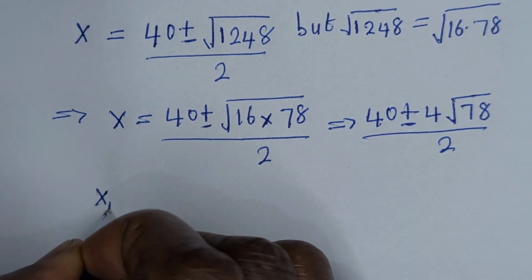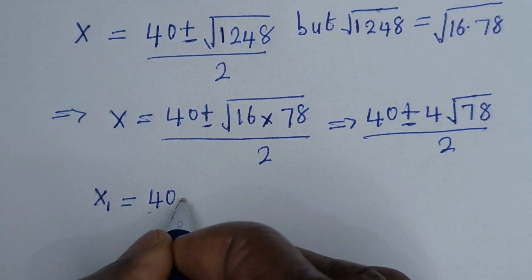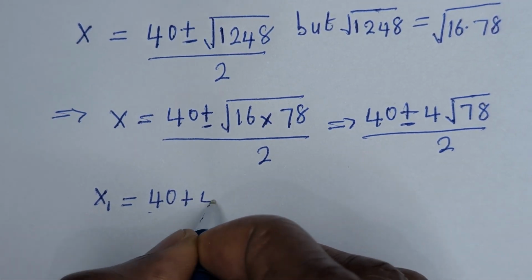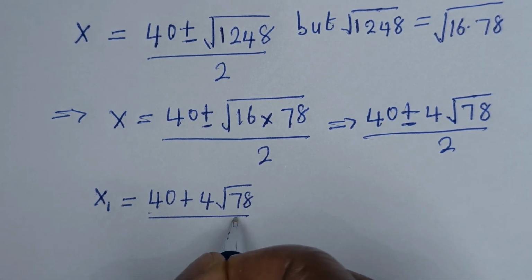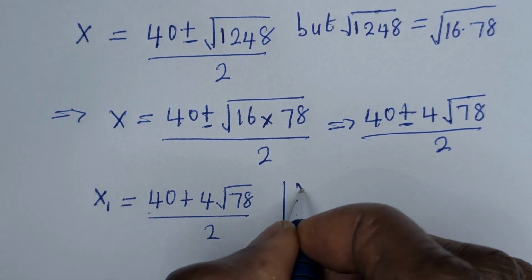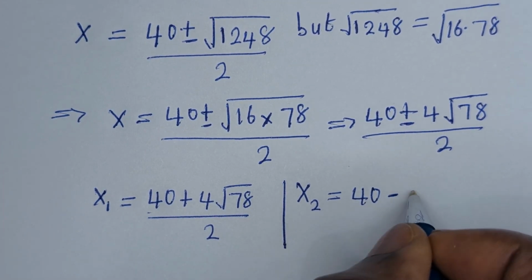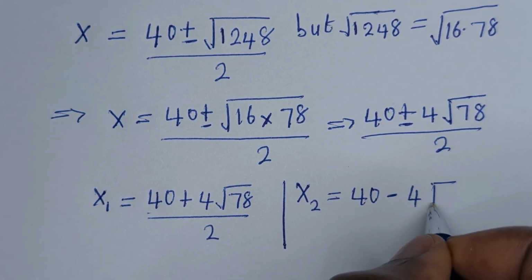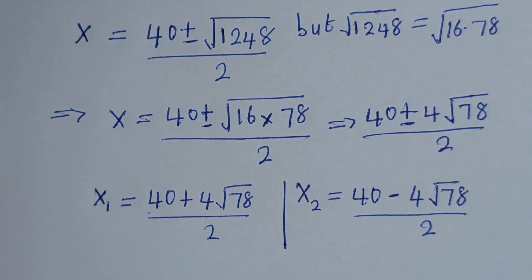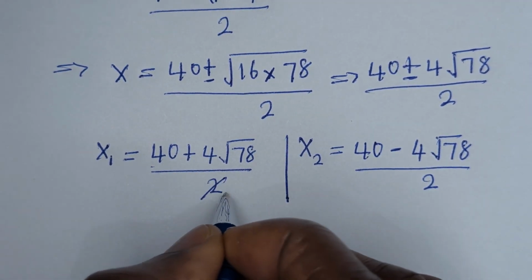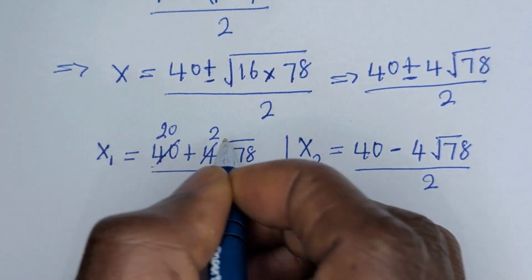Therefore, x1 is equal to 40 plus 4 root 78 over 2, and x2 is equal to 40 minus 4 root 78 over 2. Then 2 here 1, 2 here 20, 2 here 2.